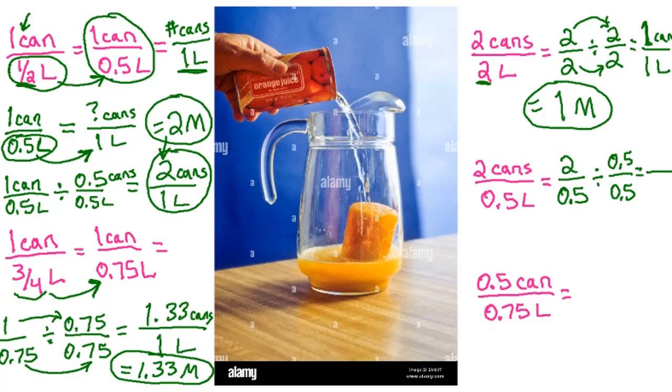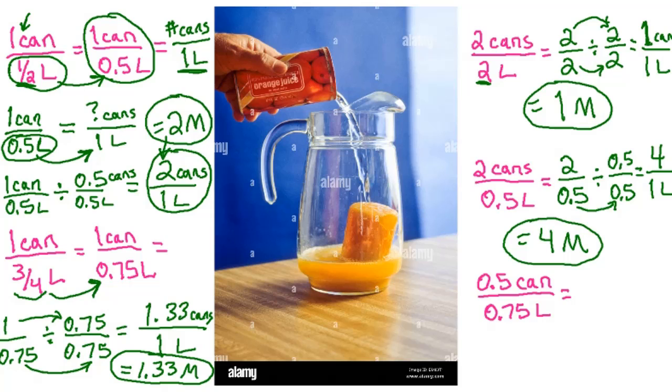Let's do the bottom first. 0.5 liters divided by 0.5 liters gives us 1 liter. And 2 divided by 0.5 is going to be 4 cans. So we're going to have 4 cans for every 1 liter of water. So that is a molarity of 4.